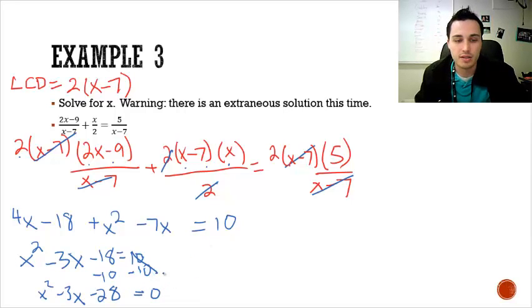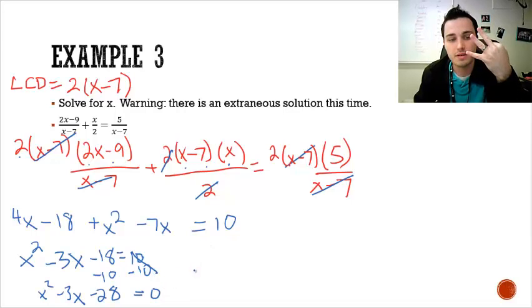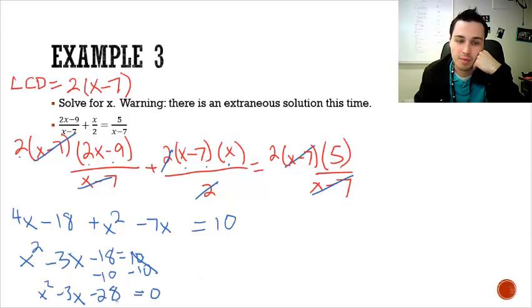Now then, this is a trinomial, 3 terms. We're going to factor it using the M&A method. Multiplies to 28 would be 4 and 7. To make 4 and 7 add to negative 3, then the 7 has to be negative, and the 4 has to be positive. So that's x minus 7 and x plus 4.